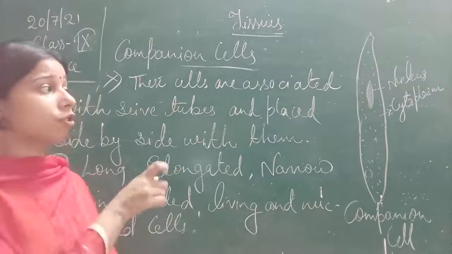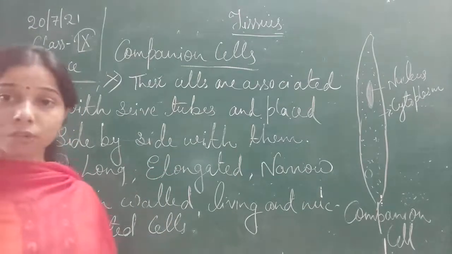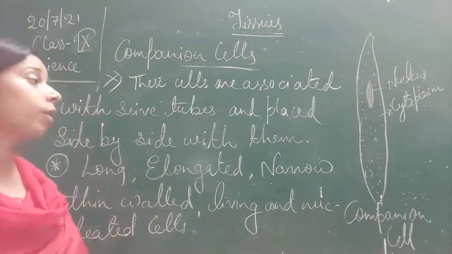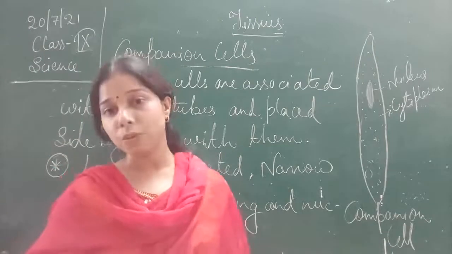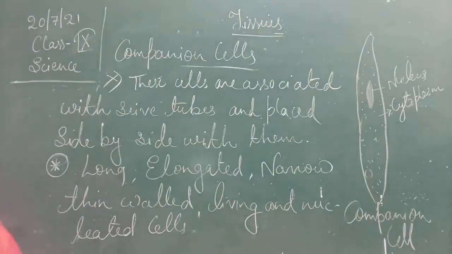When you look at the structure, you can see it is long, it is narrow, they are thin walled, it means cellulosic wall again, living, and obviously if it is a thin wall, it will be living only and consisting of a nucleus, so nucleated. Okay, this is the companion cell. What is the role of the companion cell?